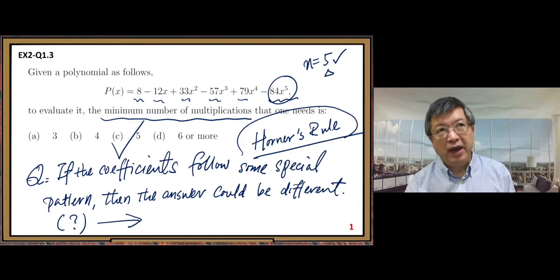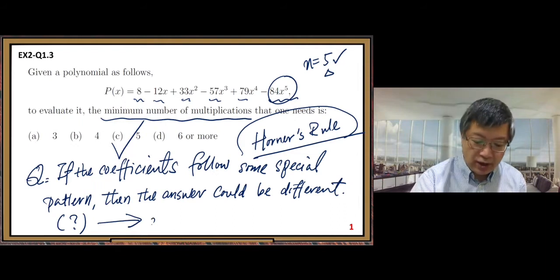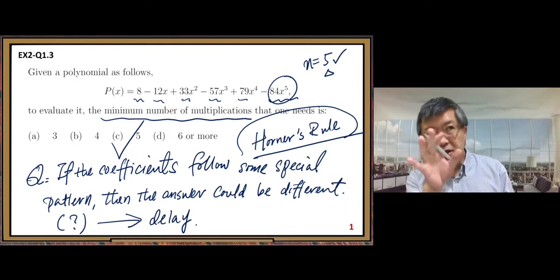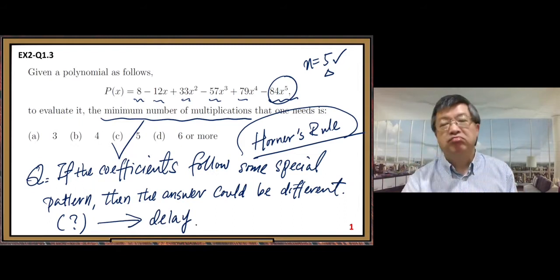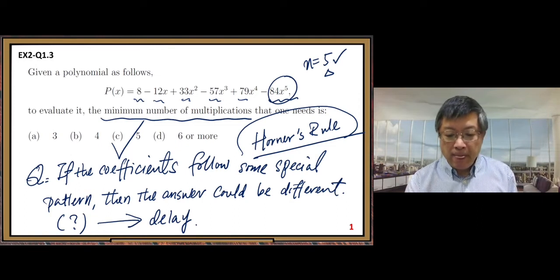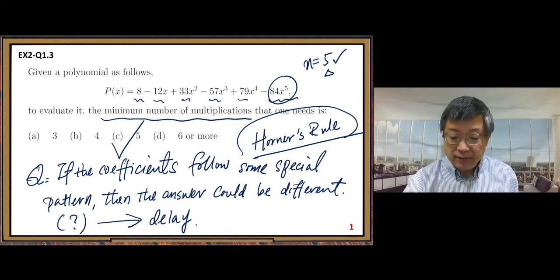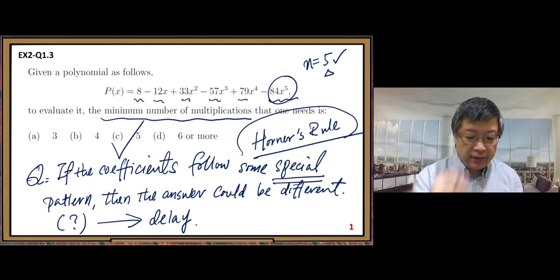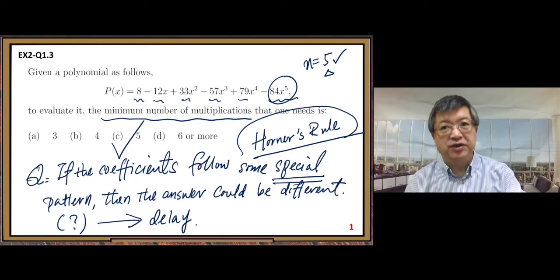We will cover that technique soon. So we delay the answer of this question until sometime later. What kind of special pattern? We will see that. This is the first example.